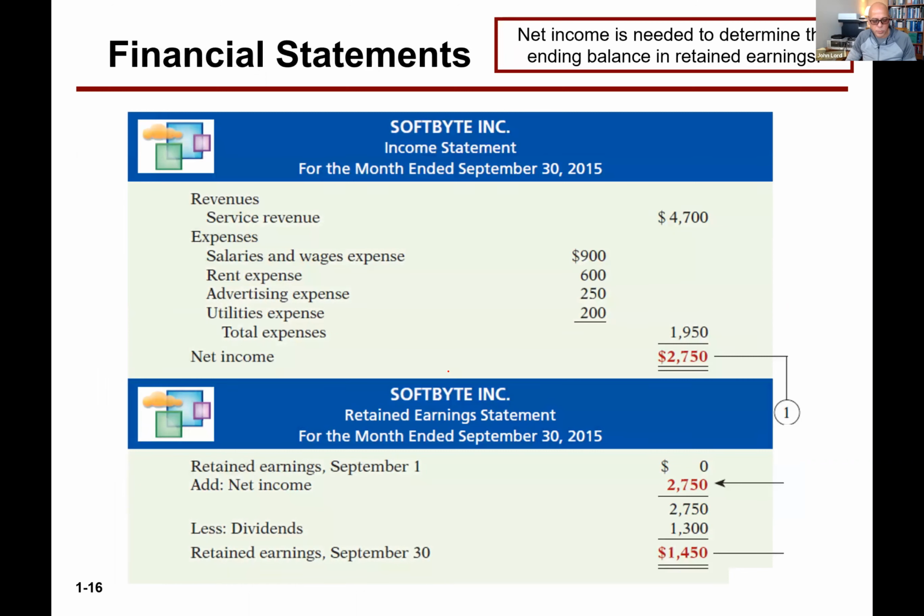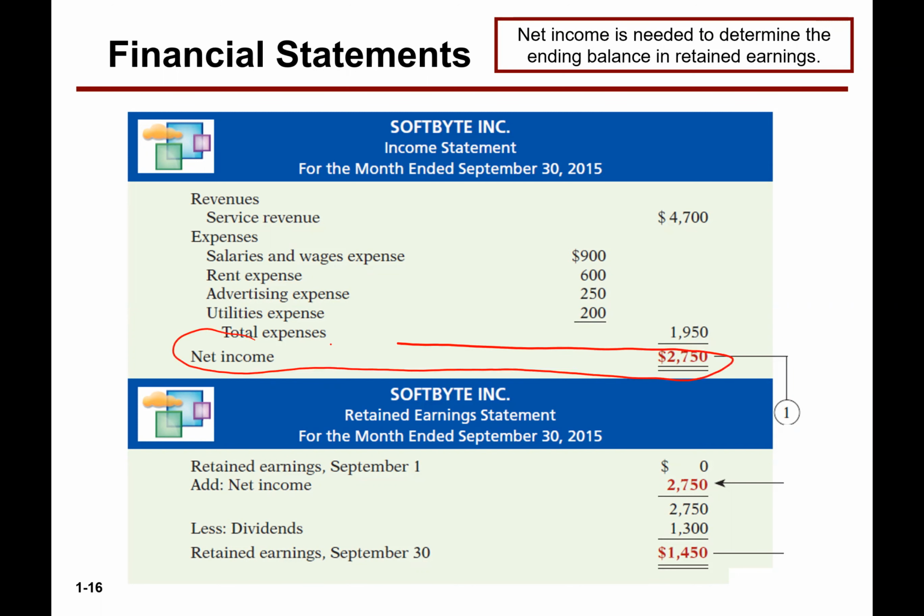Okay, and the first one we're going to look at is the income statement. Now, why do they call it the income statement? Because it reports what? Income. So we call it the income statement. How do you calculate net income?